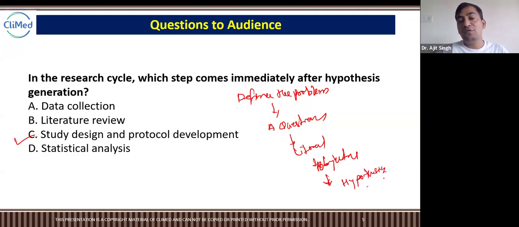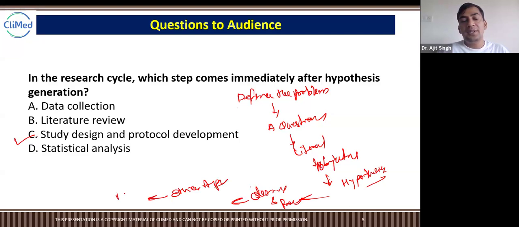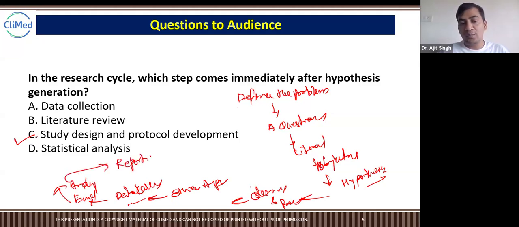Based on that, you will fix the hypothesis and then choose the study design and write the protocol, ethics approval, data collection or patient recruitment, then the end of the study. After the study ends, data analysis, and then reporting or publication. This is the actual cycle of the research.